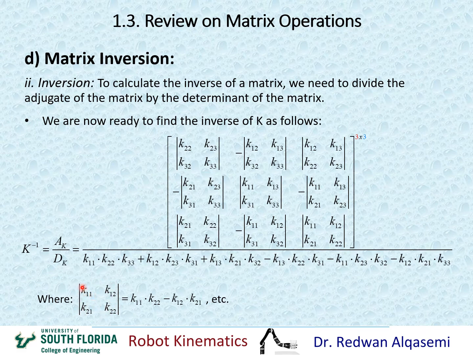That determinant will be the multiplication of the diagonal elements minus the multiplication of the off-diagonal elements. So we find this and place it here, and then we do the same thing for the second determinant, and so forth until we get to the final matrix.